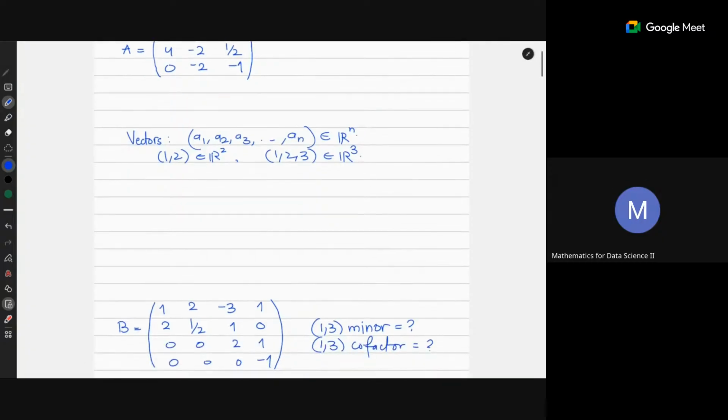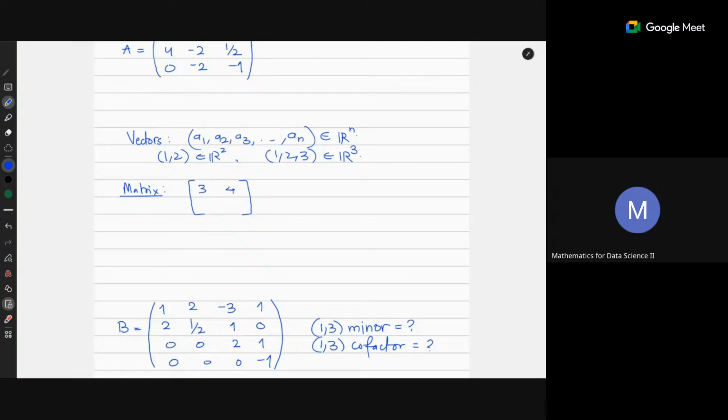Then we saw that an arrangement of data in an array, in terms of rows and columns, gives you a new object in mathematics, which is called the matrix. So a matrix is an array of numbers in rows and columns.